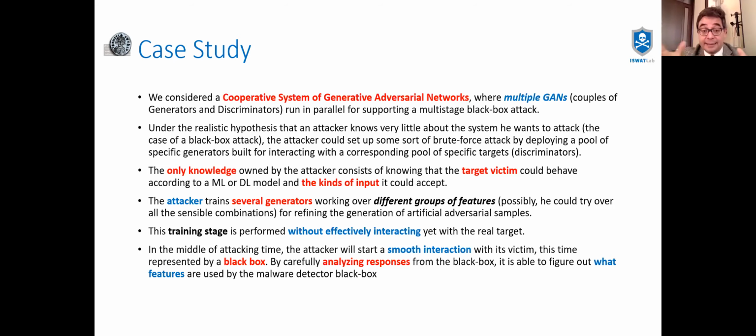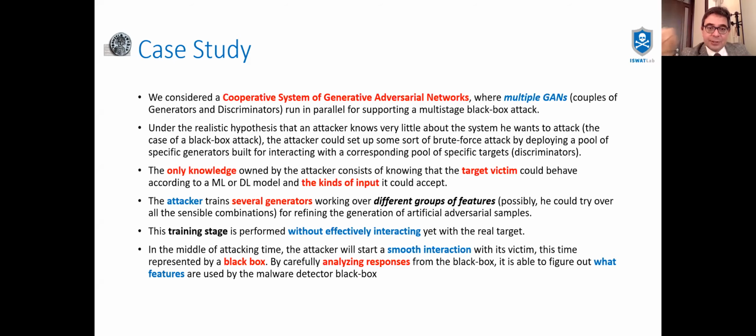So we are in the case of a black box attack, and the attacker could set up a kind of brute force attack, deploying a pool of generators built for interacting with the malware detectors that we want to attack. For this reason, the only knowledge that the attacker has is the results of the malware detector he or she wants to attack.